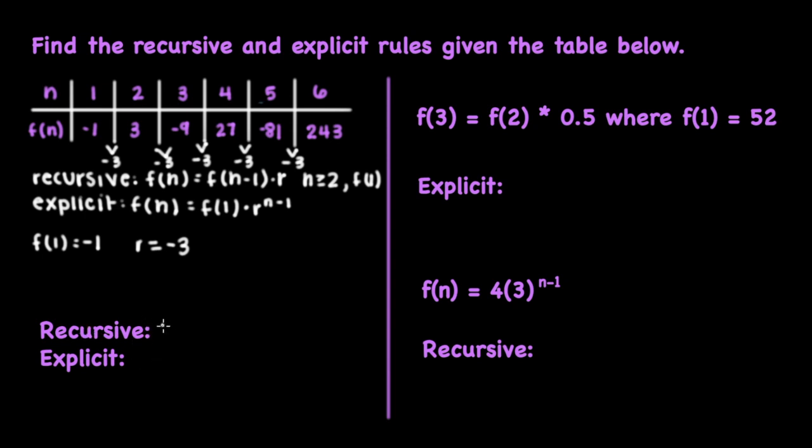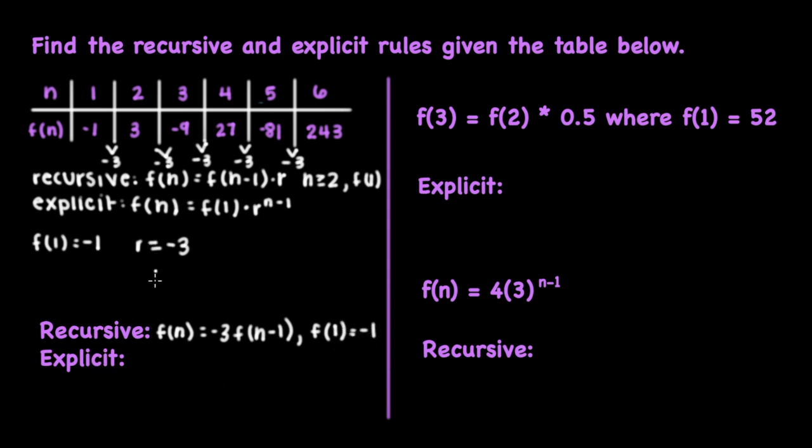So for a recursive rule, we have f of n is equal to f of n minus 1 times negative 3. So another way to write that is negative 3 times f of n minus 1, given f of 1 is negative 1.